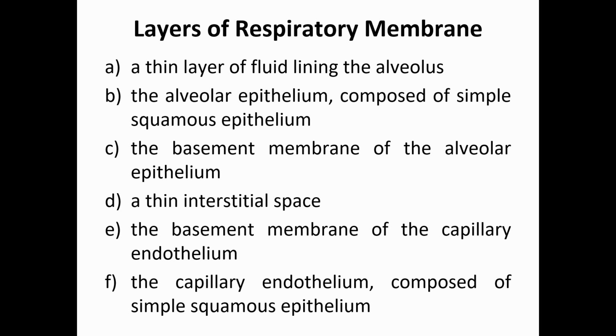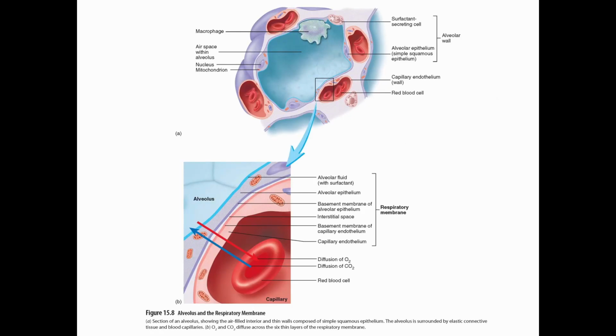So these are the different layers of the respiratory membrane. First, we have a thin layer of fluid lining the alveolus. Next, you have your alveolar epithelium composed of simple squamous epithelium. Then the basement membrane of the alveolar epithelium, a thin interstitial space, the basement membrane of the capillary endothelium, and the capillary endothelium composed of simple squamous epithelium.